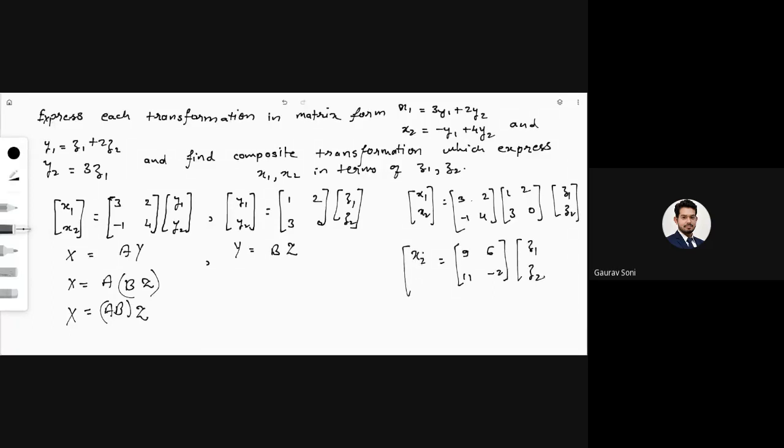You have to express x1, x2 in terms of z1 and z2, so simply multiply this now. On the right hand side, what we get is x1 equal to 9 times z1 plus 6 times z2, and x2 is equal to 11 times z1 minus 2 times z2.